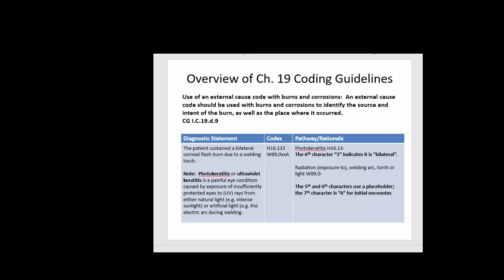But the diagnostic statement I've chosen is something a little bit different, and I did this because I wanted you to know that sometimes a burn may not be in the burn chapter, chapter 19, especially when you're talking about eyes. The patient sustained a bilateral corneal flash burn due to a welding torch. A corneal flash burn is really photokeratitis.